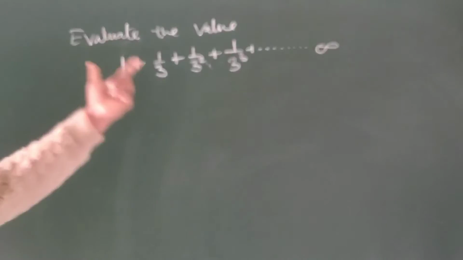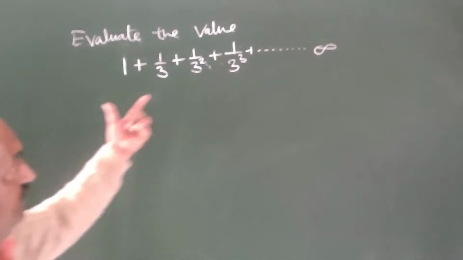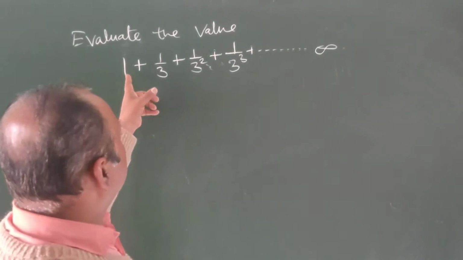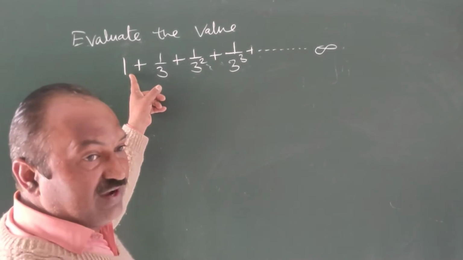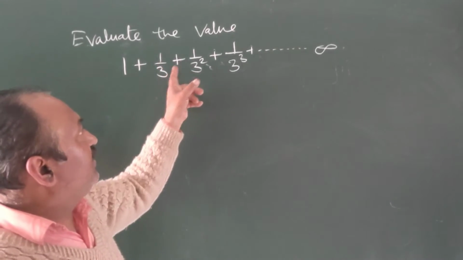We have to find the value of this sequence. It is an infinite series and it is a GP in which the first term a is equal to 1 and common ratio is 1/3.